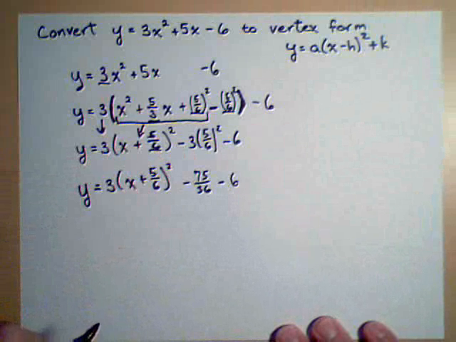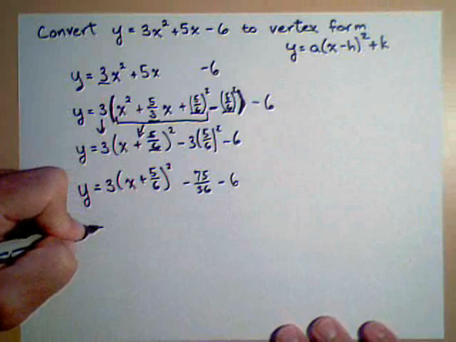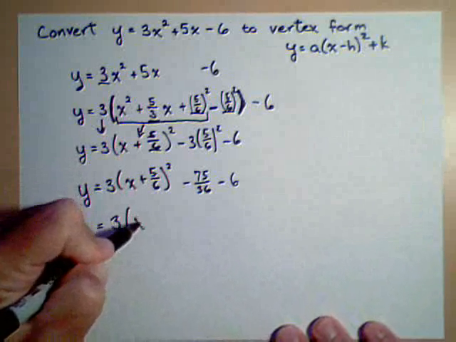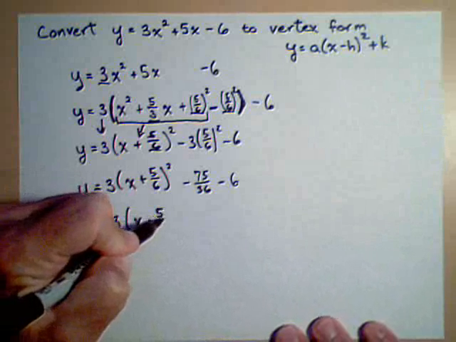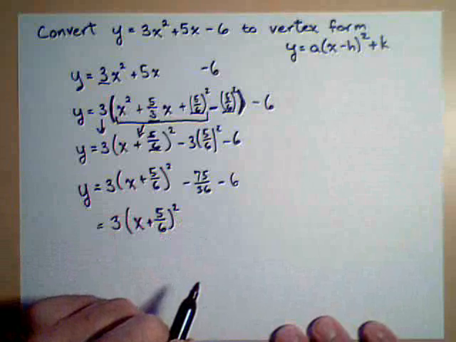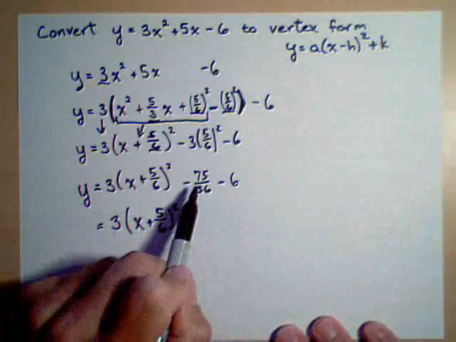Okay, so we're dealing with fractions. We will be able to reduce that a little bit. So 3 times x plus 5/6 squared. And we'll go through all the steps just so we don't miss anything.